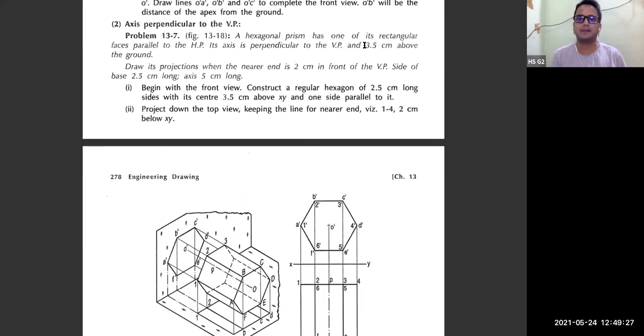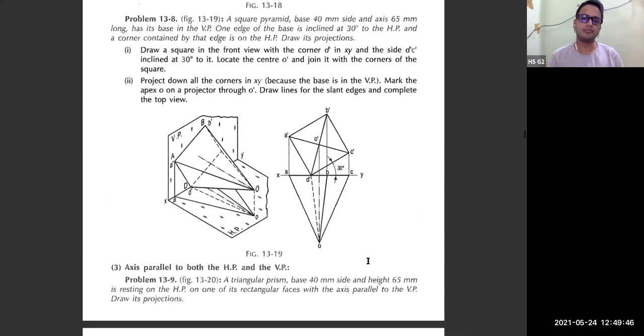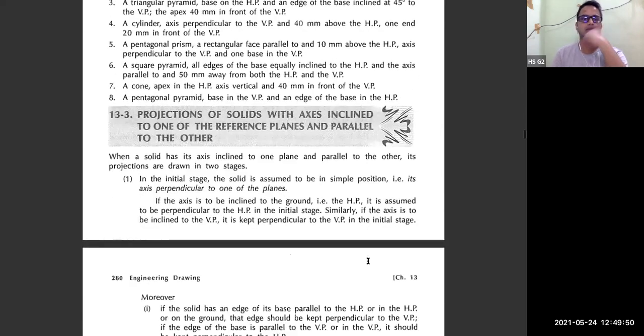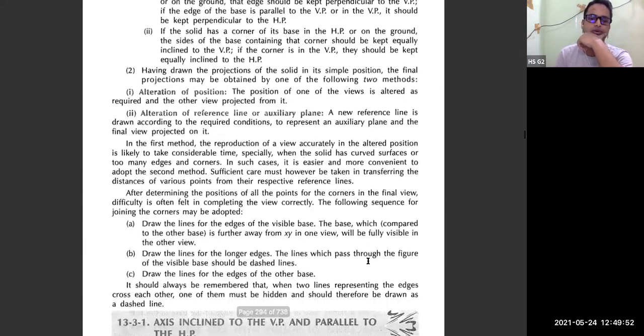In some questions they will be given like that. See here, this is 3.5 centimeter above the ground. So this distance, when you will be drawing, you have to keep this F prime, E prime 3.5 centimeter above this XY line. So many solved examples are there. So you can use this for your practice.